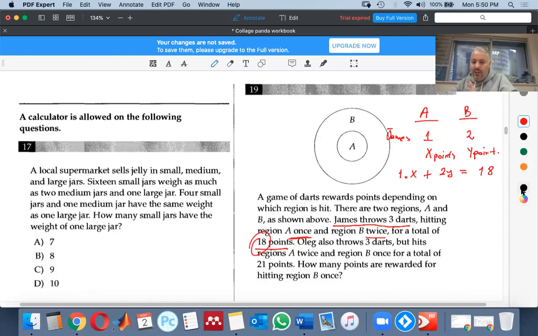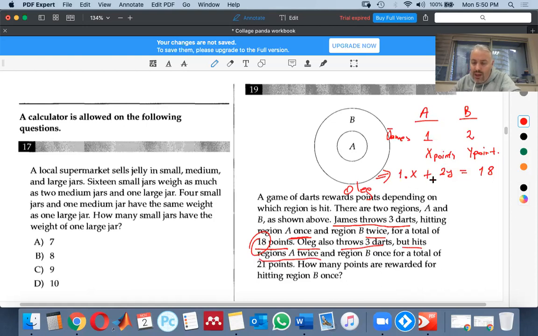Till here, do you have any question? No. Okay. Oleg, someone else. So let me say Oleg now. He also throws 3 darts, but hits region A twice.